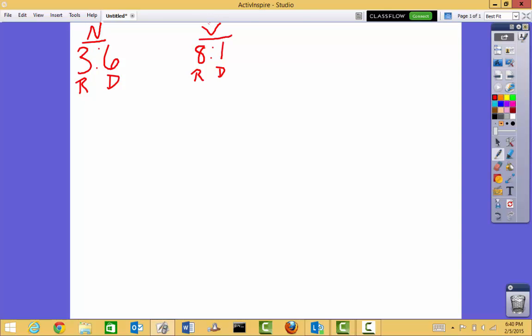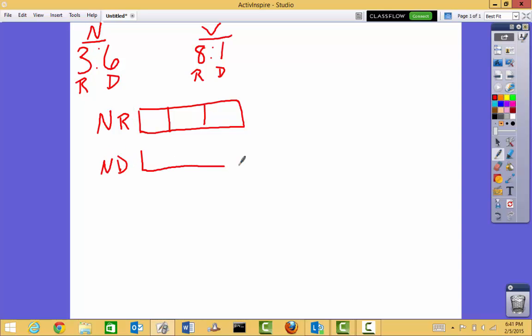So what I'm going to do, I do this for every single problem. Write your ratios, make tape diagrams, and label them. So this is my normal roses. This is my normal daisies. And my daisies on a normal day is broken up into 6 parts.